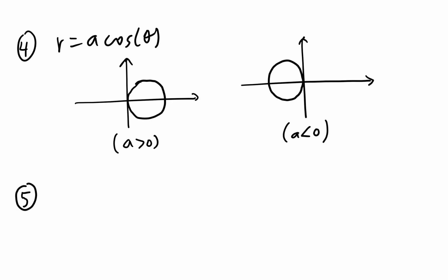We can move on to a different version of graphing that we need to know. It's good to know. It helps a lot to save time. If r equals a plus or minus b, let's start with sine theta.